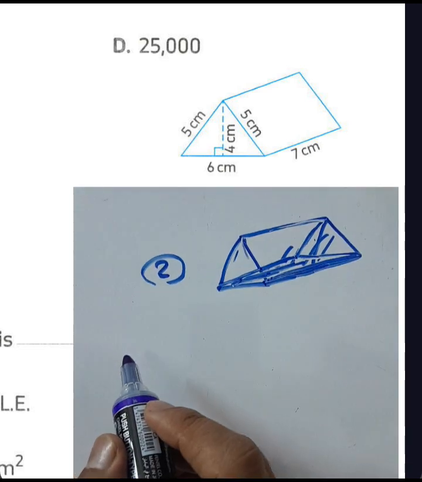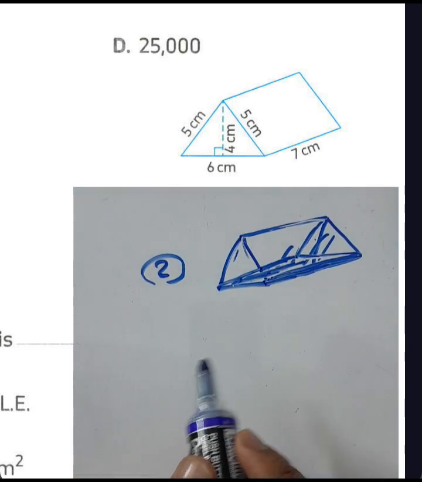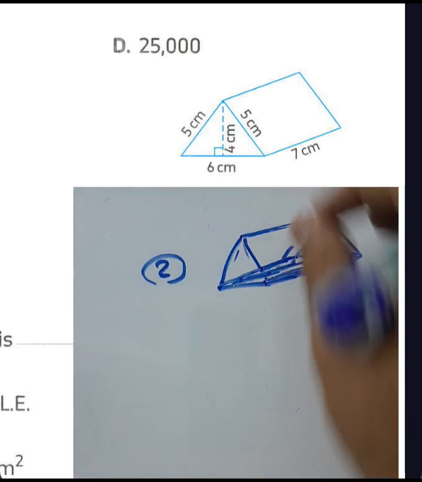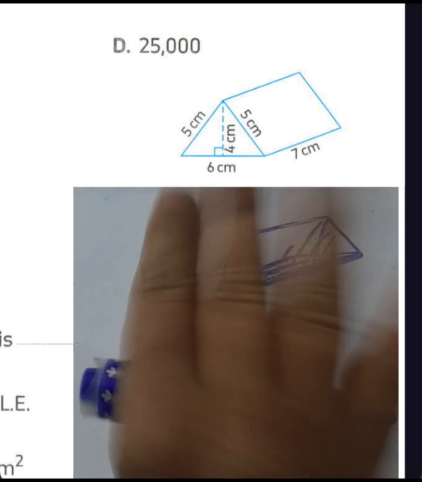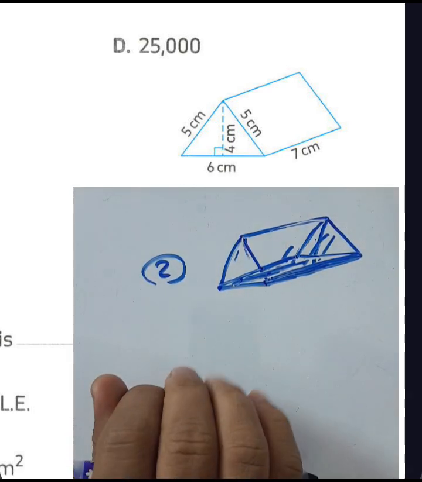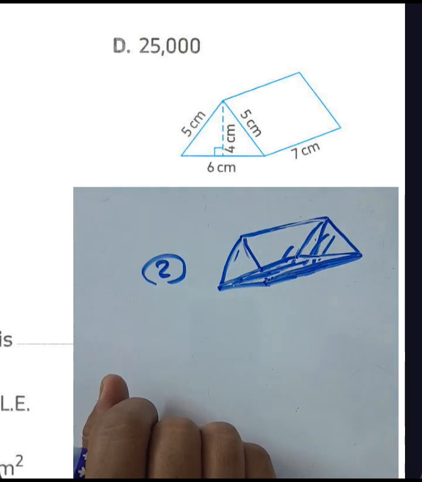So we have two congruent triangles and two congruent rectangles, and in the base we have a rectangle. Then we have 5 faces: 1, 2, 3, 4, 5.